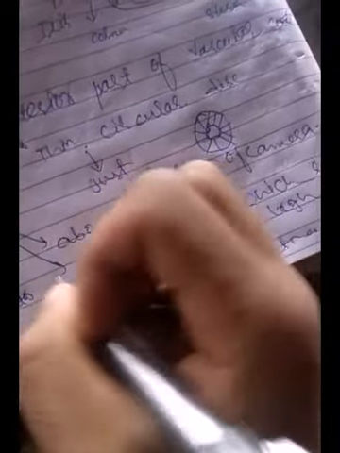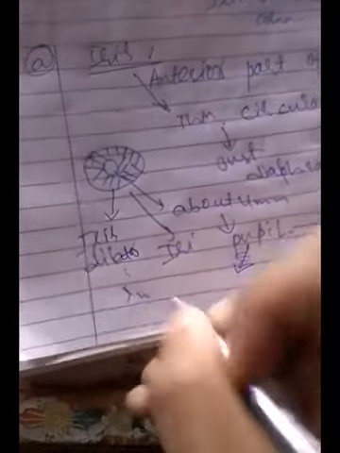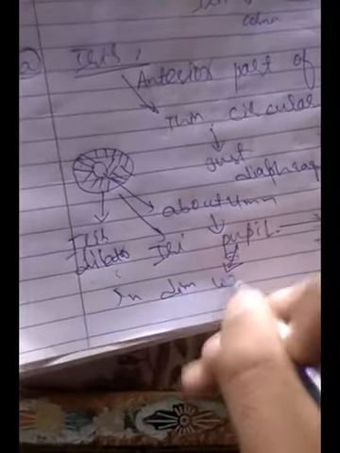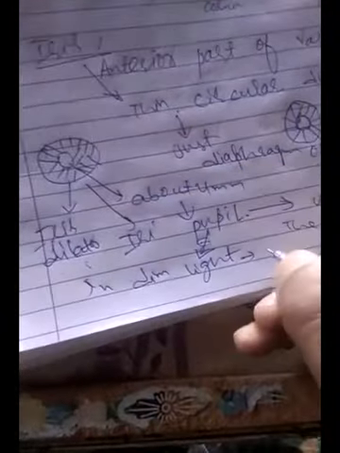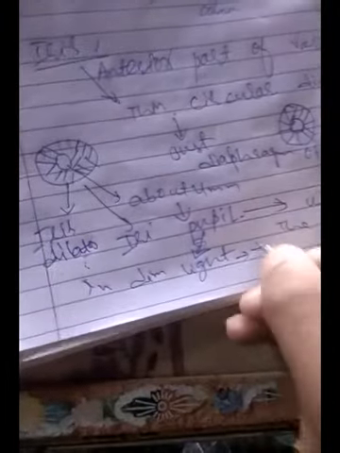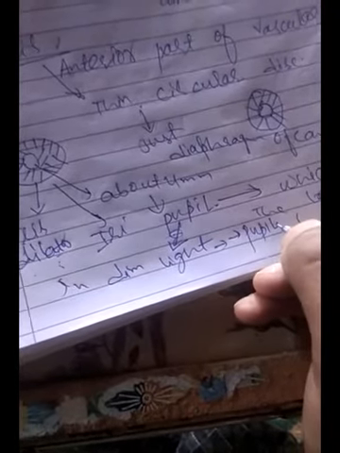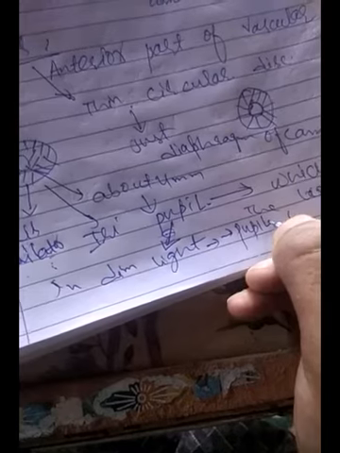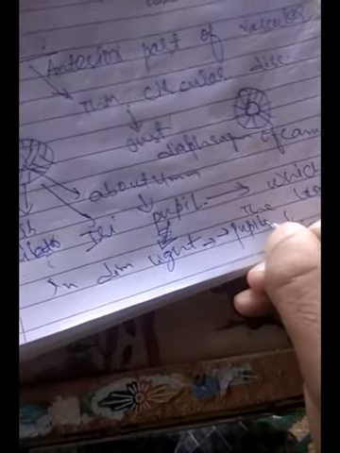the iris dilator muscle and the iris constrictor muscle. In dim light, the dilator muscle dilates the pupil because the illumination is low and the maximum light needs to reach the retina.